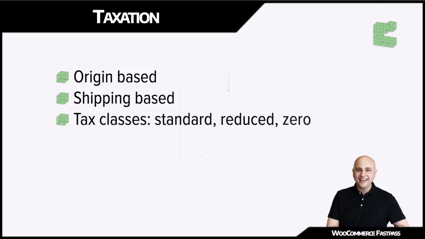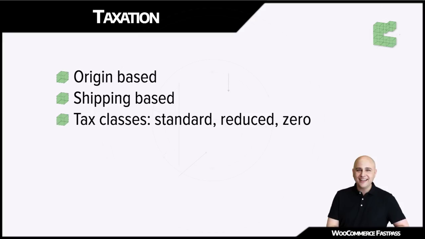And then there are what's called tax classes. These are categories you could put products into. So there's standard, and that's typically what you're going to leave for most of your products. But then there's a reduced tax class and a zero tax class. Now, I think this word classes is quite confusing. We are going to see it in taxation. We're also going to see it in shipping.